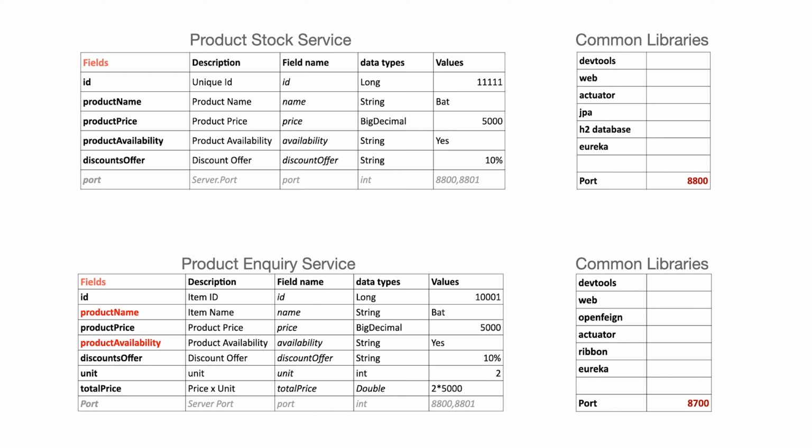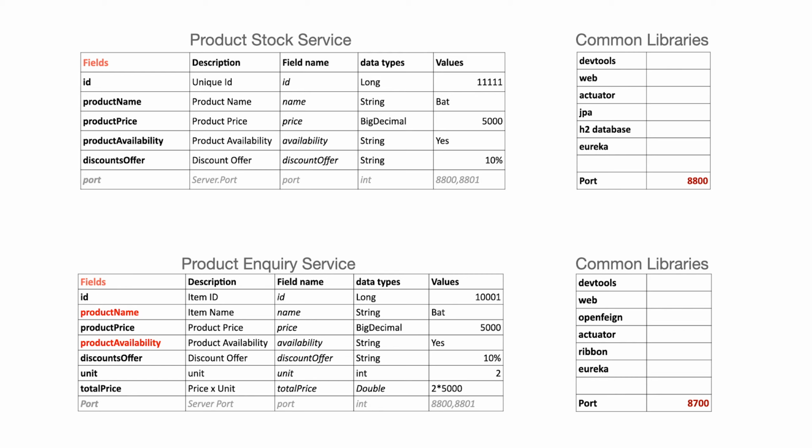As shown in the table, both the microservices will use some common libraries like DevTools, Web, Actuator, Eureka Client, etc., along with a couple of additional libraries like H2 database and Ribbon load balancer.